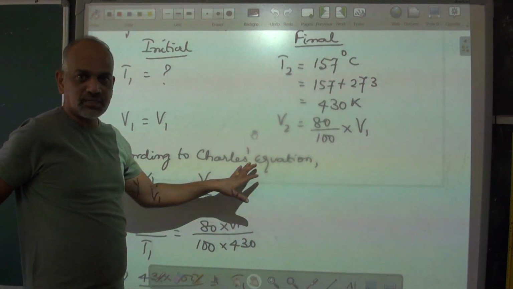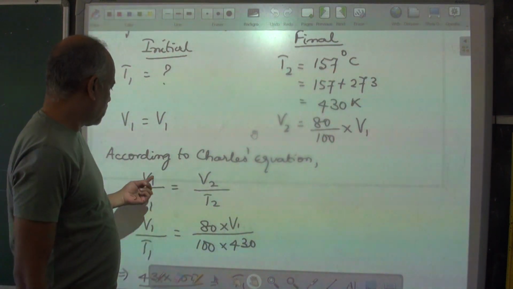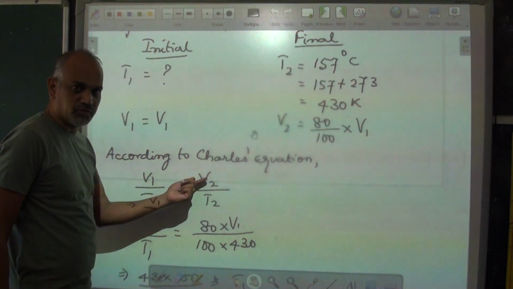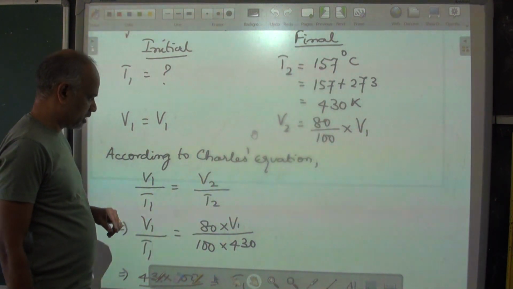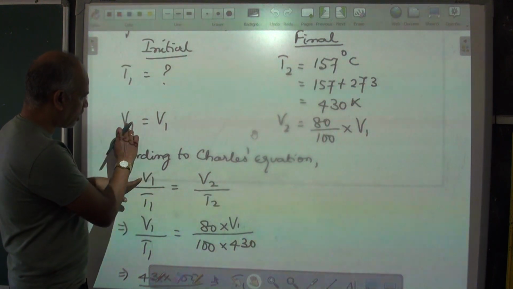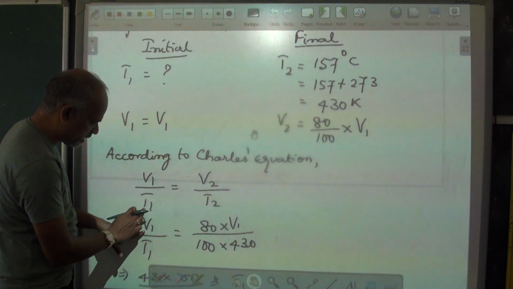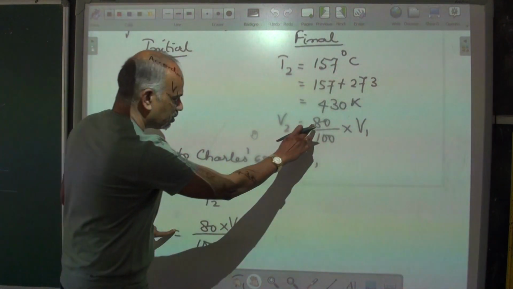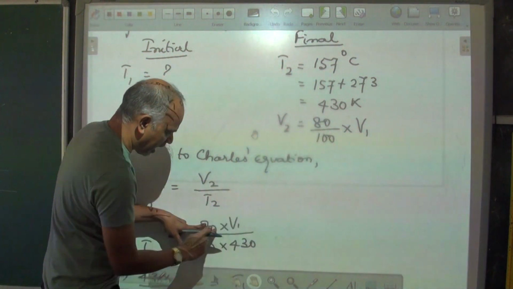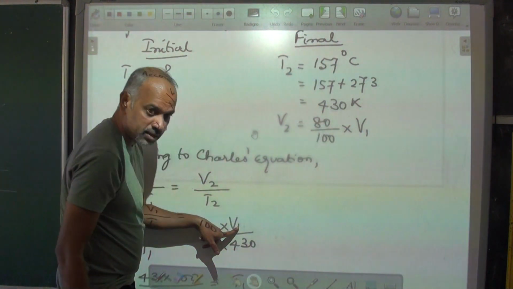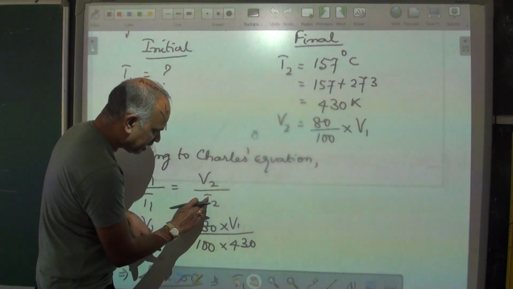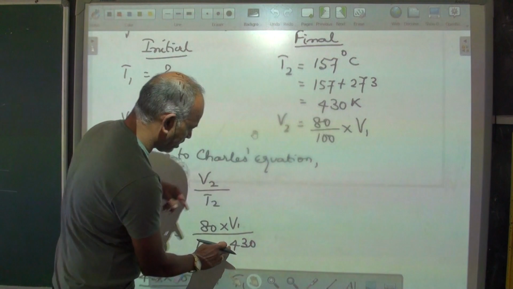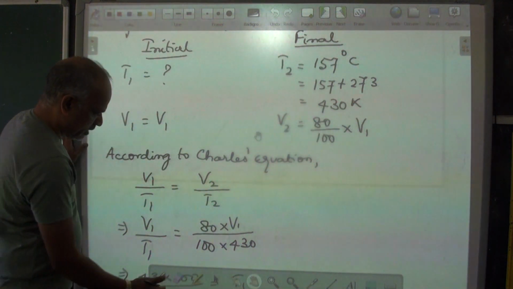According to Charles's equation, V1 by T1 is equal to V2 by T2. Substitute the values. V1 is V1 itself, by T1 which you don't know, equals V2, which is 80 by 100 into V1, divided by T2's value, 430.